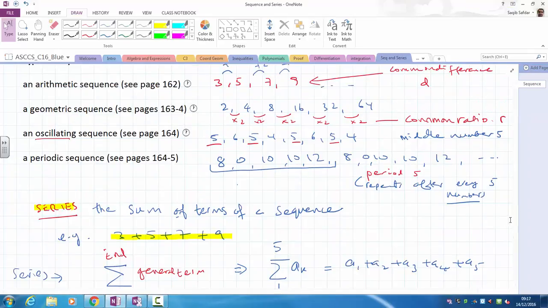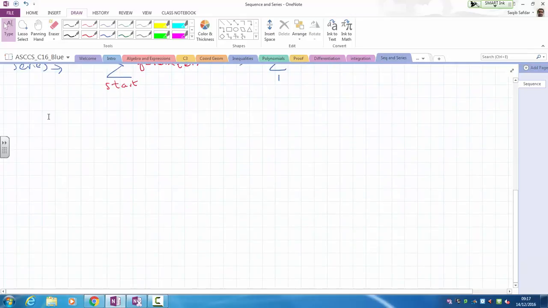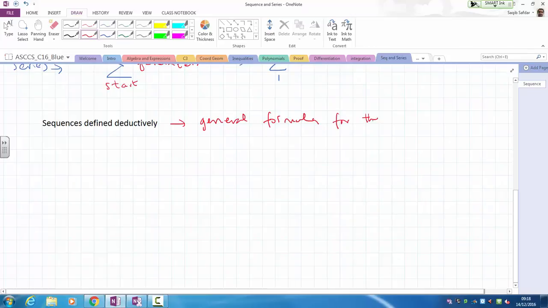We can define the sequence in 2 different ways. One of the ways we can define the sequence is through deduction. So let's just make that nice and bold. By deduction, we mean we have some general formula for the nth term.